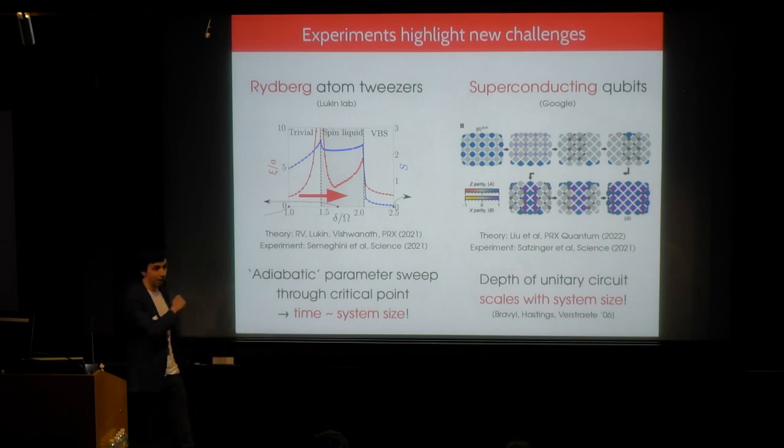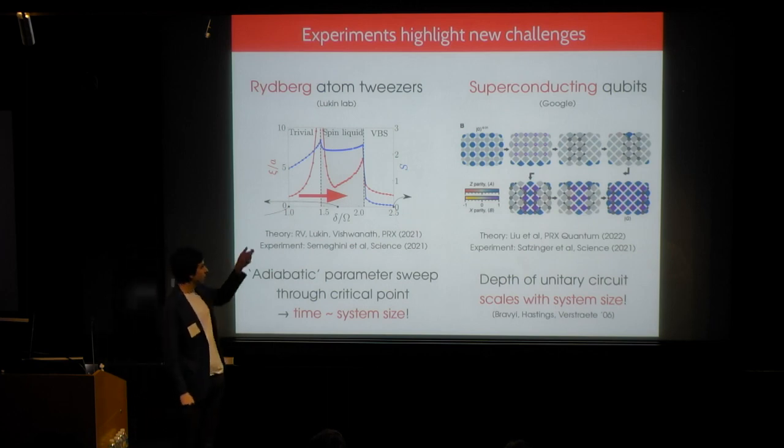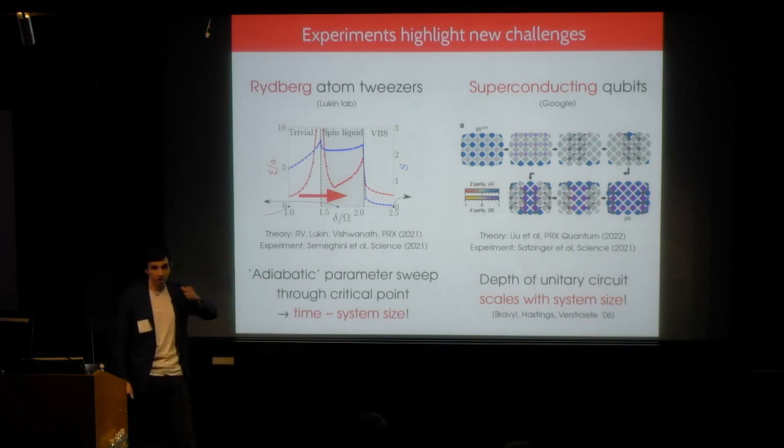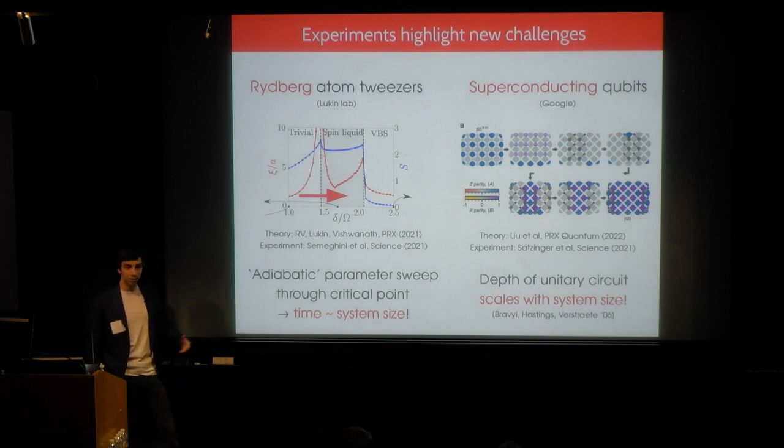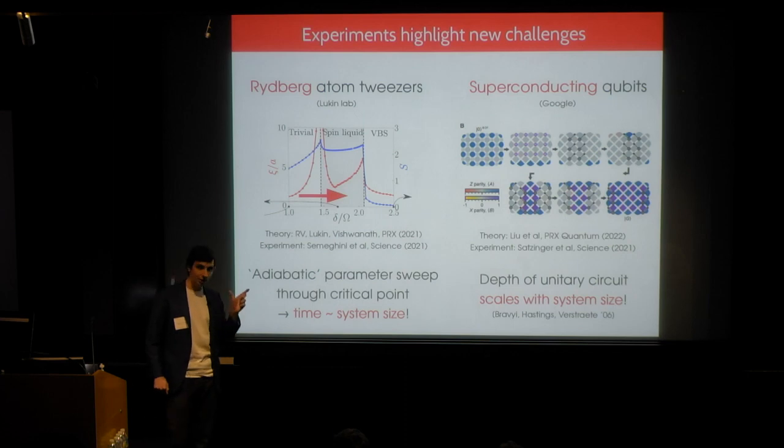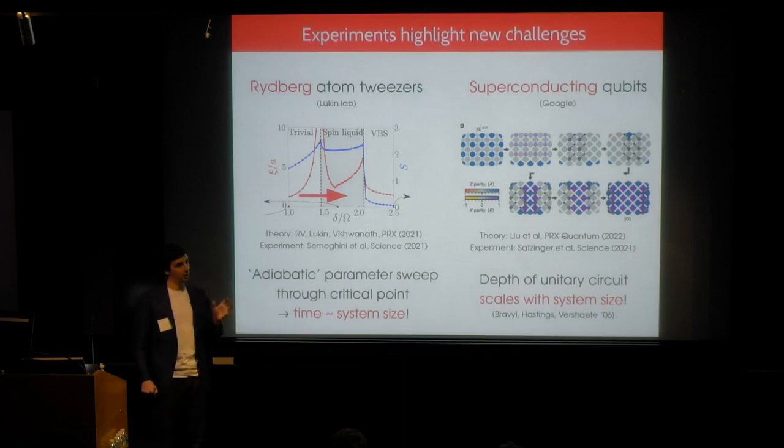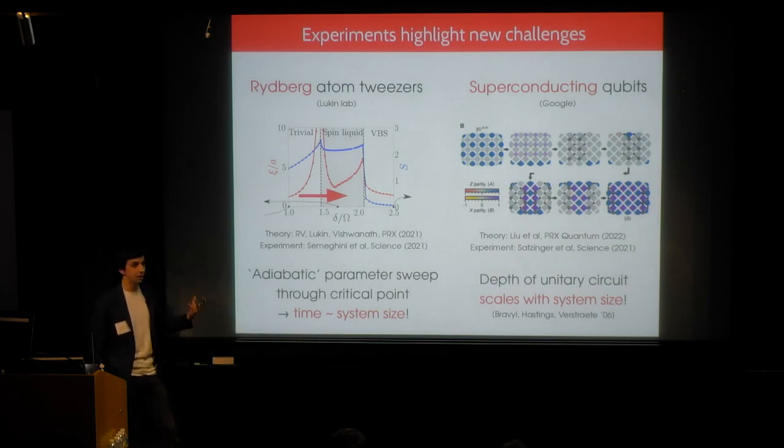So in practice, one tries to adiabatically prepare the state by starting in a simpler state and trying to sweep slow enough. And in fact, it turns out if you have to tune through a quantum phase transition, you actually have to go parametrically slow in system size, which in the actual experiment I just mentioned was the reason it turned out one doesn't quite prepare the ground state, but a non-equilibrium state. So there, timing is an issue.